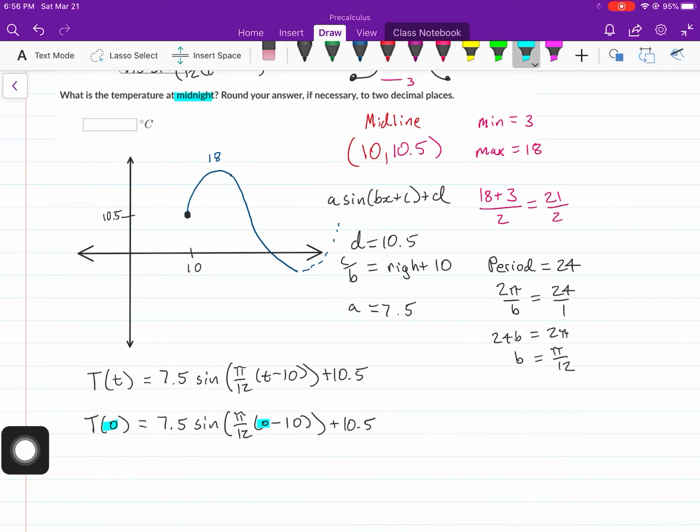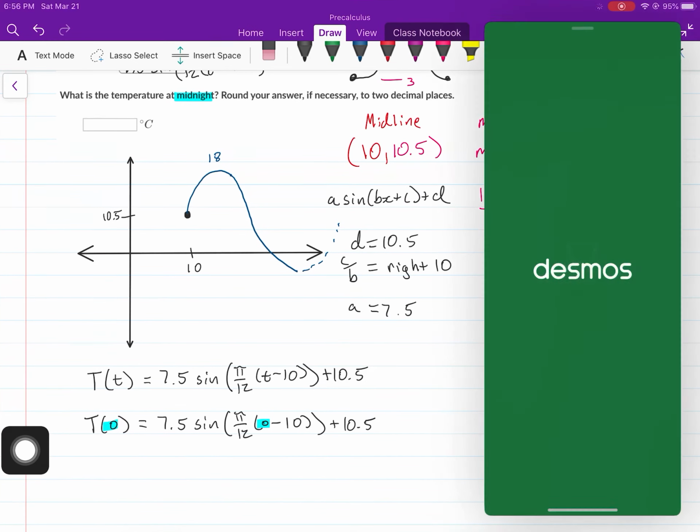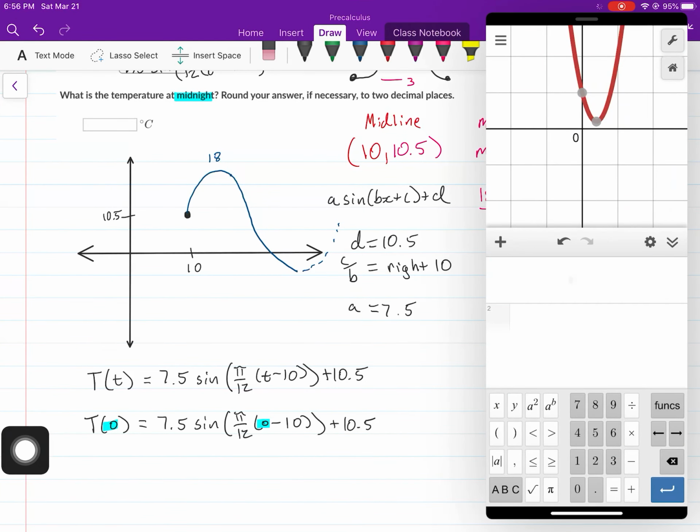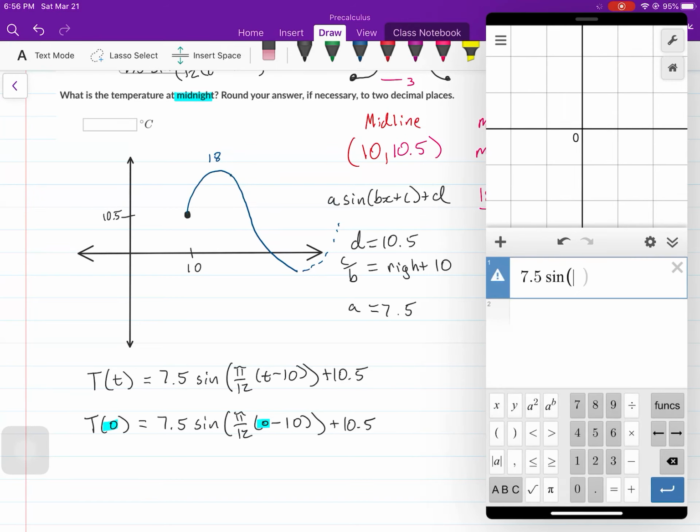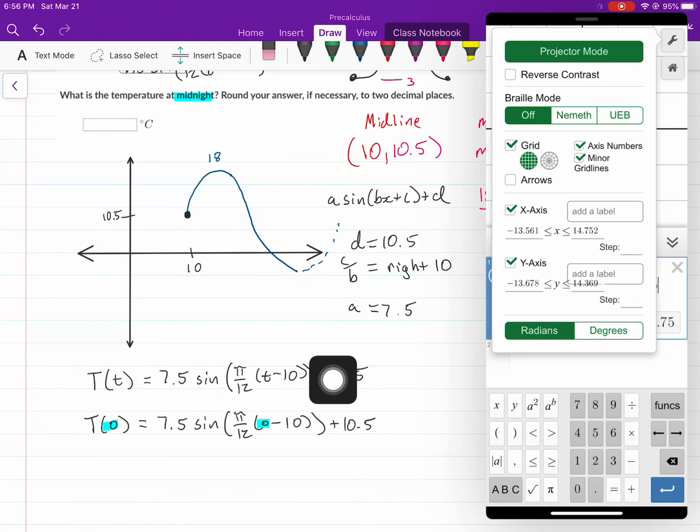So let me just pull up Desmos so we can do that. Got something here already. So let's see, 7.5 sine of pi over 12 times (0 minus 10) plus 10.5. And let me just double check that I'm in radians, and I am in radians.